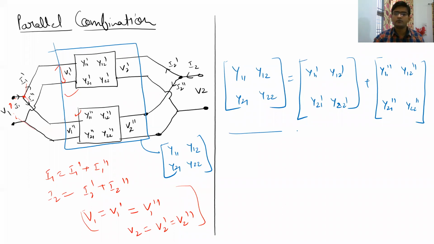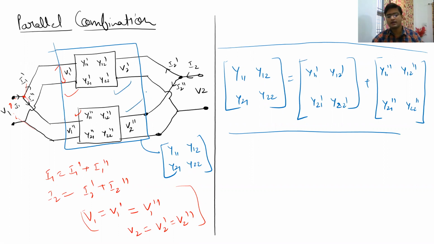So similar to the previous case, in the parallel combination, we will have the equivalent y parameters as a summation of the individual y parameters of these two parallel two-port networks. I'm not going into the derivation because similar to the previous case, you can go on, and even if you want to do it, you can just check the book. It is very simple to derive this equation.